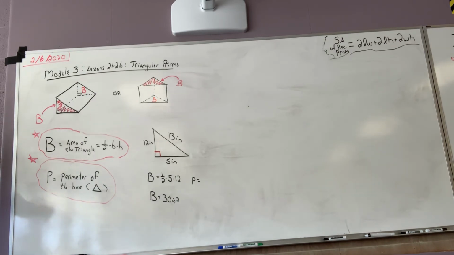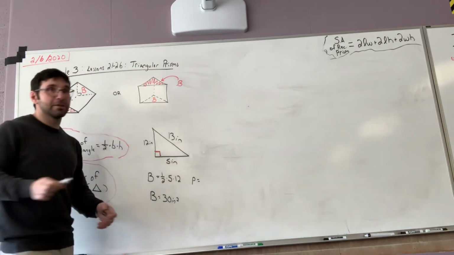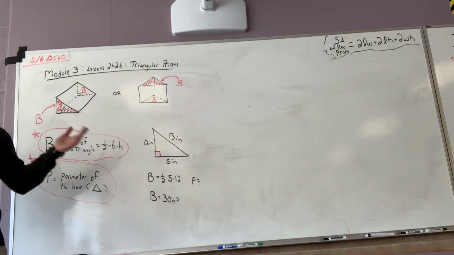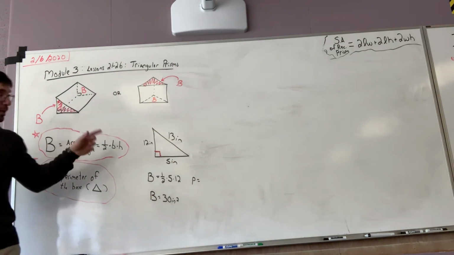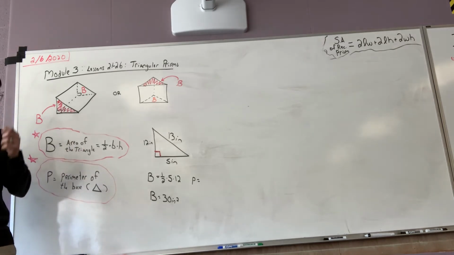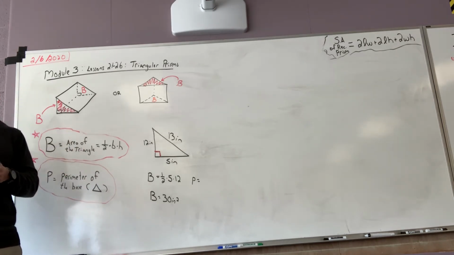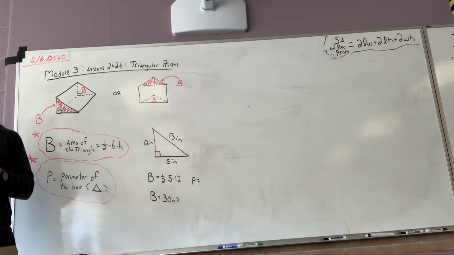Everybody with me? Last but not least, we've got to find the little p. Tell me exactly what I need to do to find the perimeter of this triangle. Maya, what do I need to do? How do I find the perimeter? What is perimeter, Maya? Like all the numbers around it added.